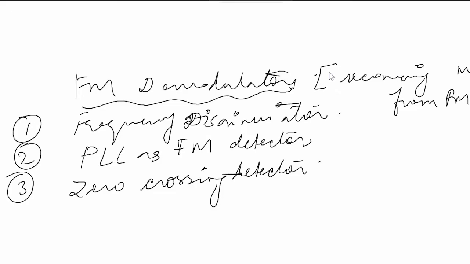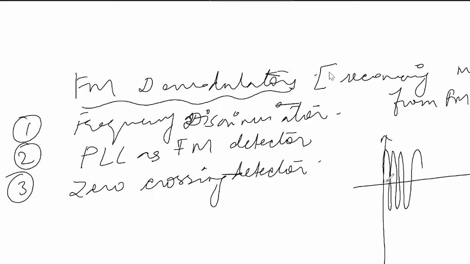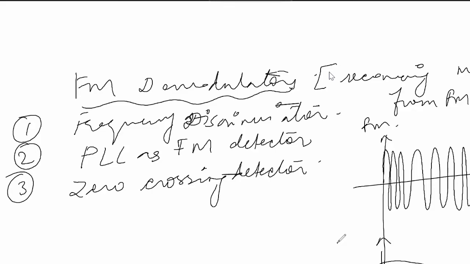Now we should remember that in FM, where is the message signal? In FM, the message signal is in the frequency variations, isn't it? This is our FM signal. We are receiving this signal, and from it we should get back our message signal. The message signal should be separated from this signal.